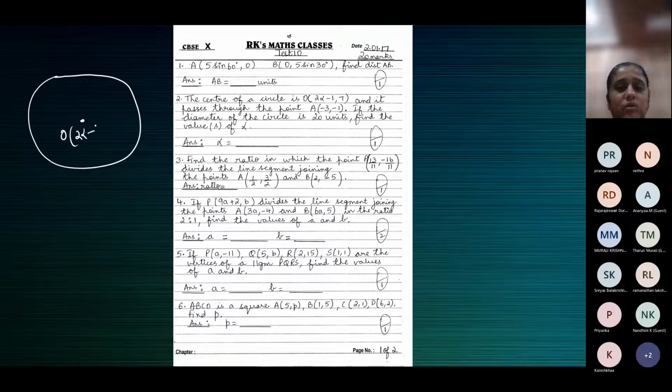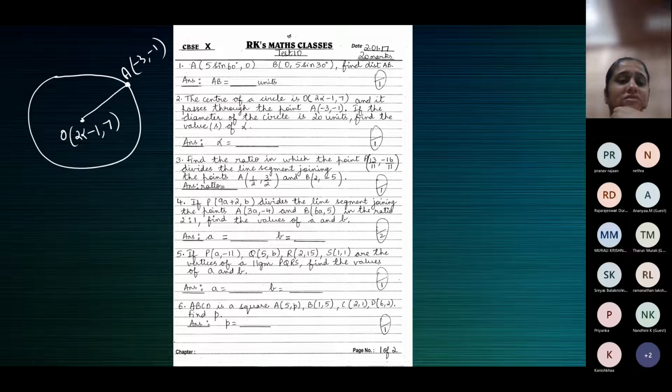The center is 2 alpha minus 1 comma 7 and the circle passes through the point A. That means the circle passes through the point, not the center. So A is a point on the circumference of the circle. If the diameter is 20, find alpha.